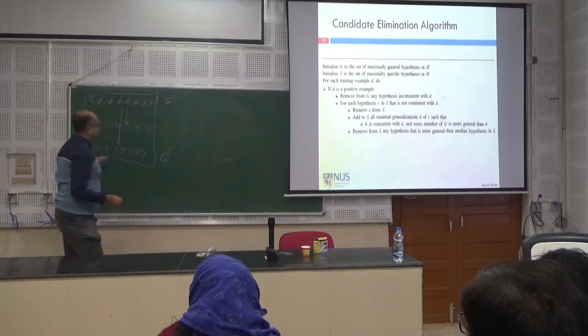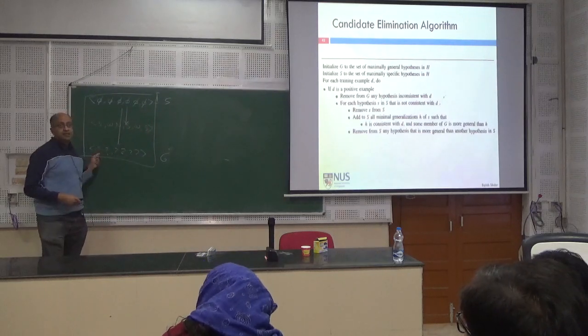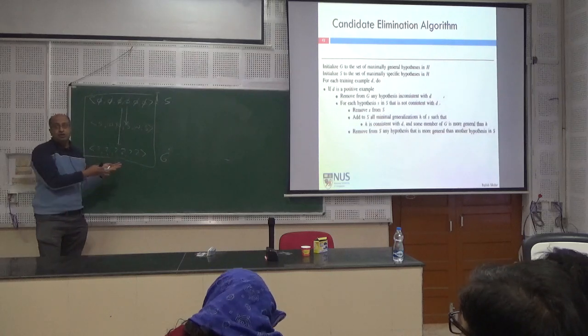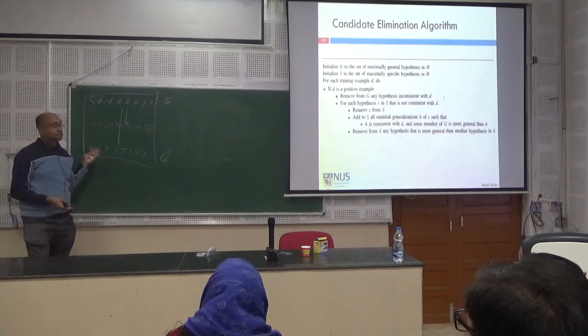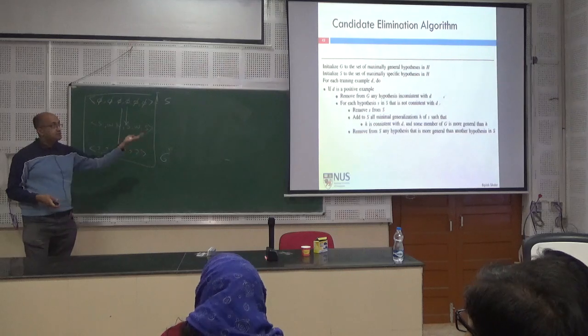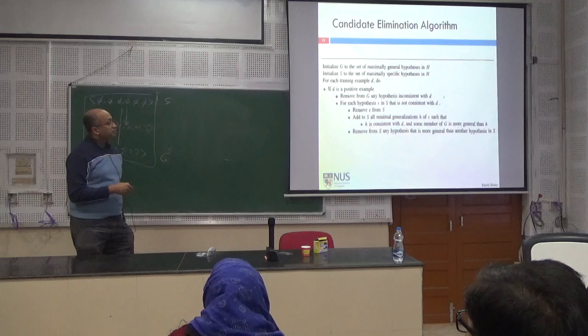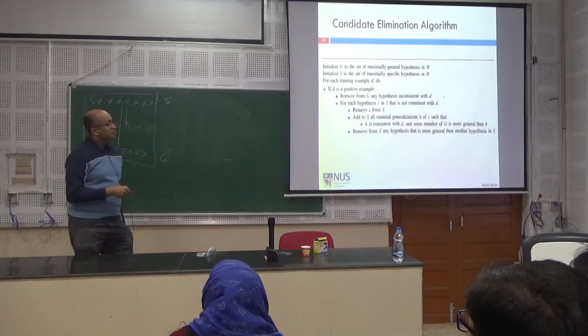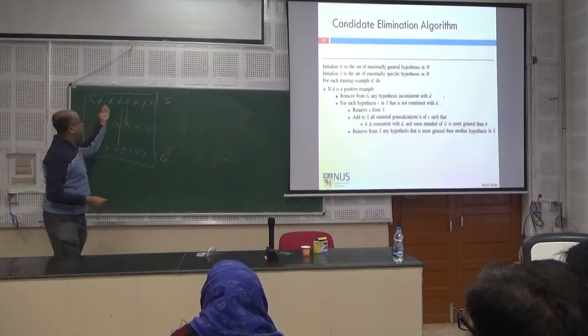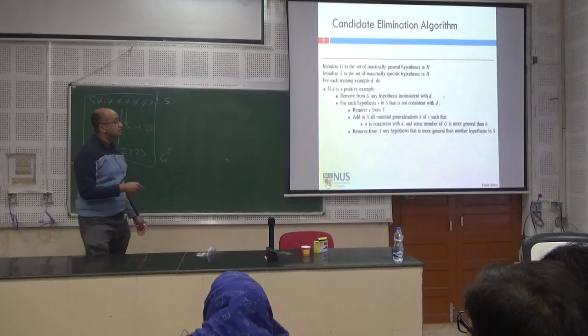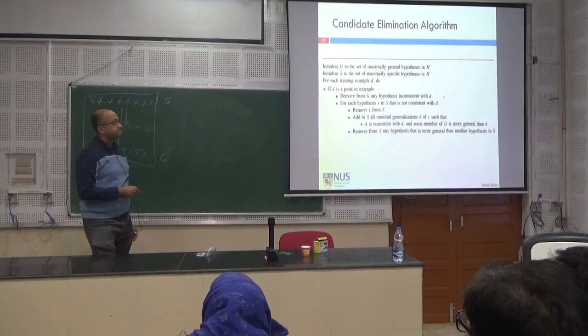If any hypothesis on the general side is not consistent with the sample, just remove it. General should include it anyway, so if there is anything here that is not consistent, remove it. And for every hypothesis in S that is not consistent, I will look at the set of hypotheses on the top. If you're not consistent with this, I will remove it too.